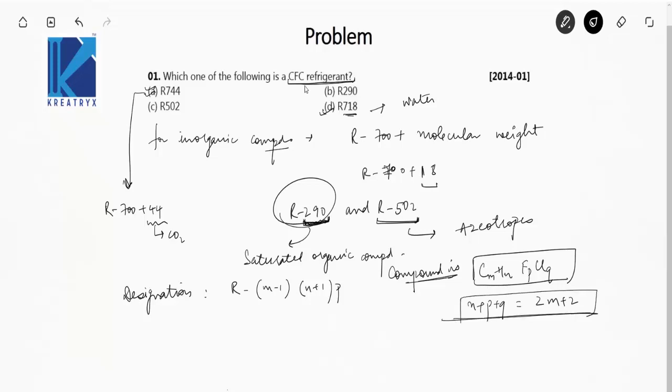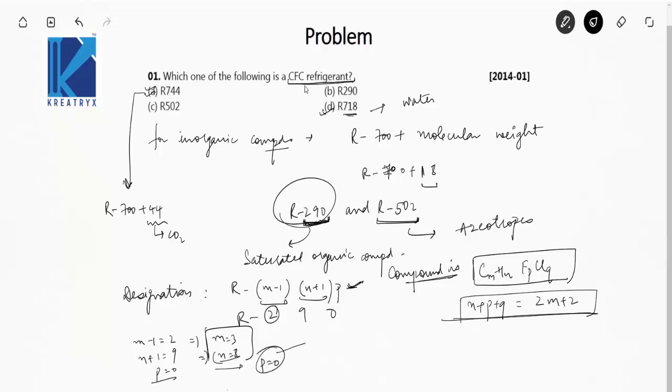Let's compare R290 with this designation. M minus 1 is equal to 2, N plus 1 is equal to 9, and P is equal to 0. So this gives M is equal to 3 and N is equal to 8, whereas P is directly equal to 0.